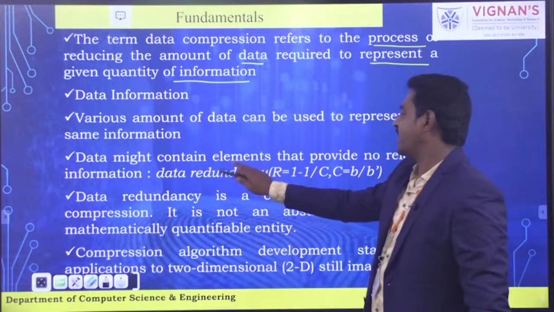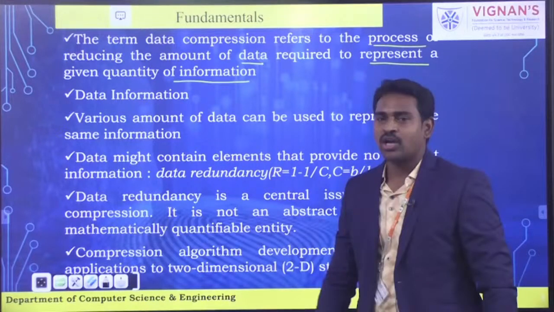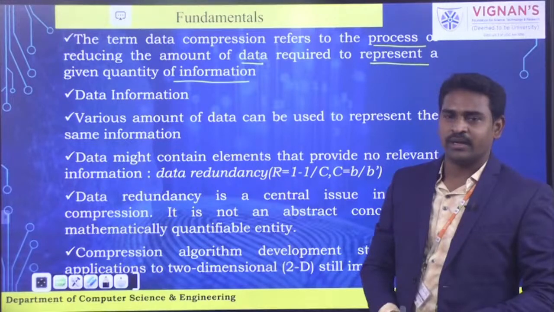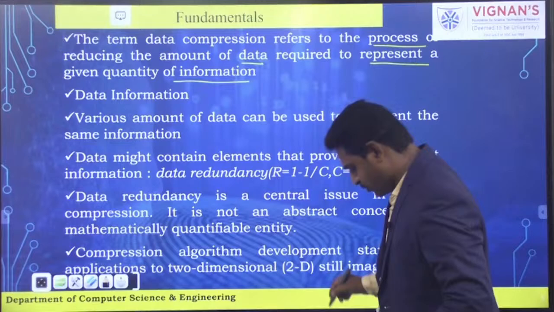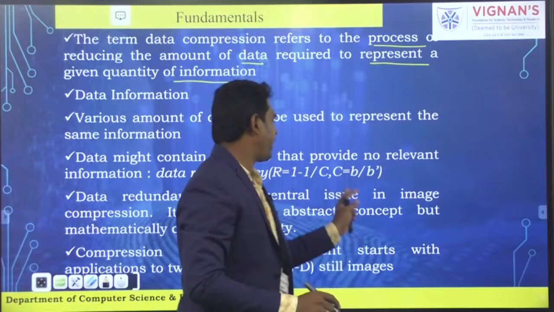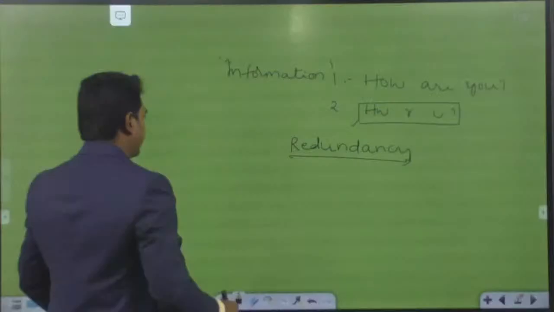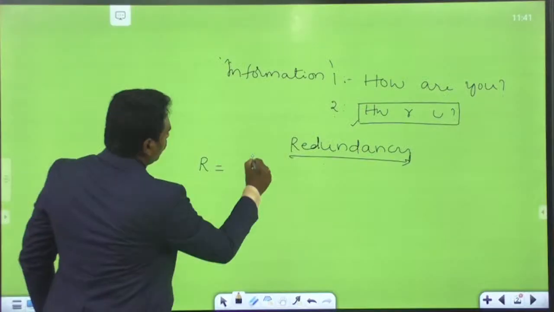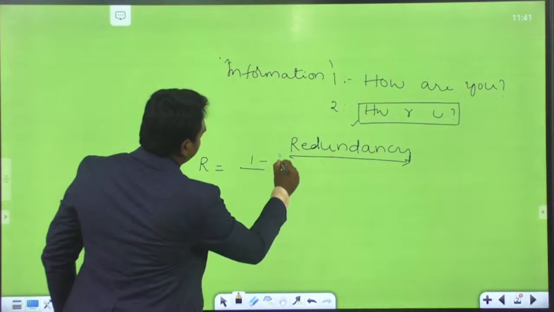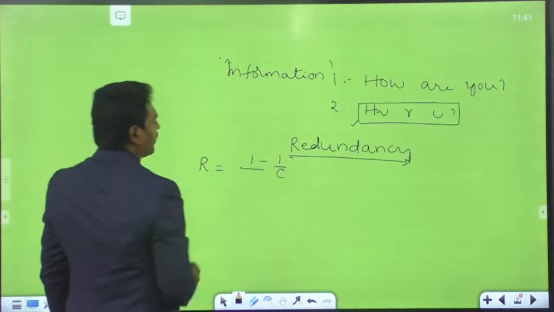How do we measure the redundancy value? Redundancy can be measured using the formula R = 1 - 1/C. So what is C?